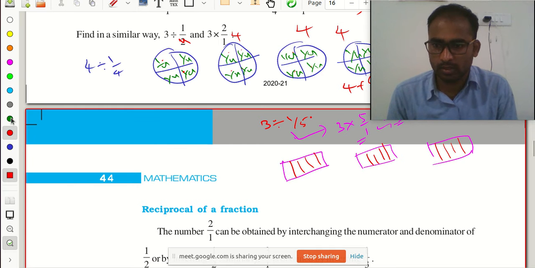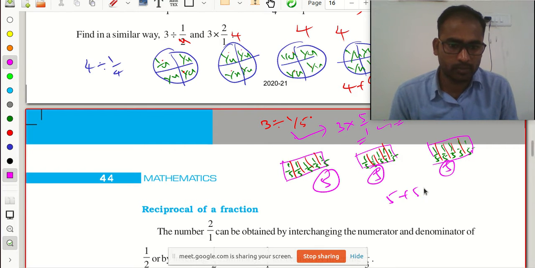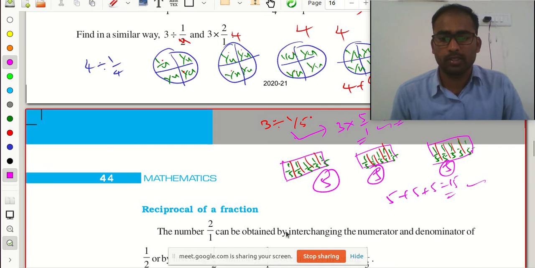So each has 1/5. 1/5, 1/5, 1/5. And in this case also 1 by 5th, 1 by 5th, 1 by 5th. So this is the representation here. Here total 5, 5, 5. 5 plus 5 plus 5 is how much? 15. Clear? This is the way.